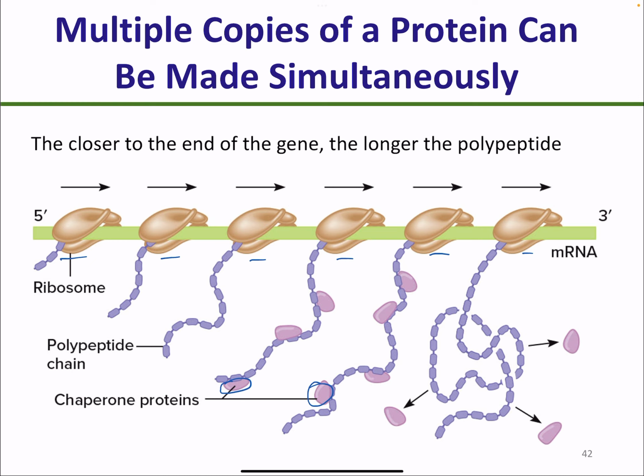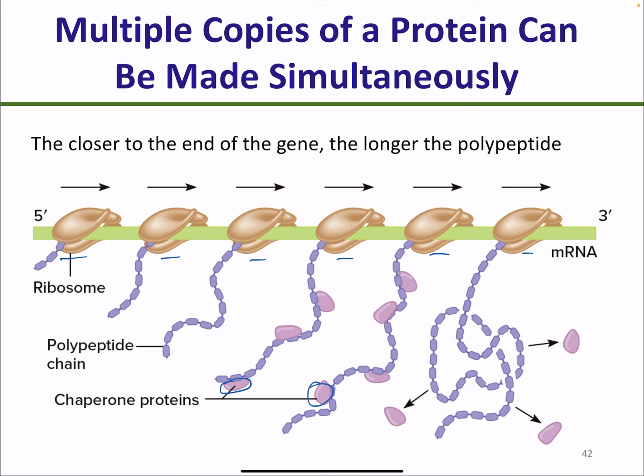The role of this chaperone is to cause the final polypeptide chain to start adopting a folding. That folding is essential for the function of the protein.